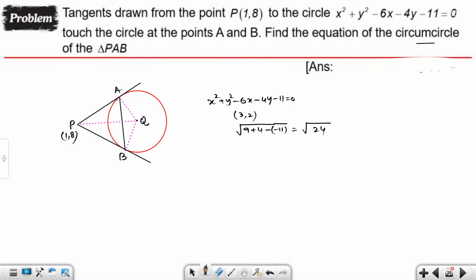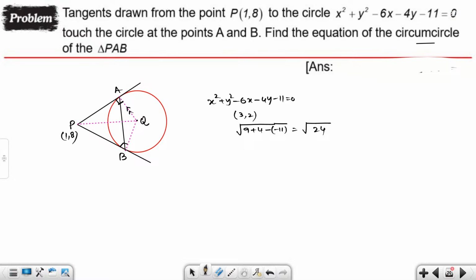Now, what about this angle? This is the line joining the center and the point of contact. So this will definitely be perpendicular to the tangent. Similarly, this will also be perpendicular to the tangent PB.